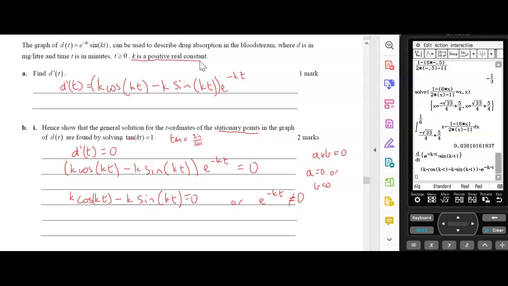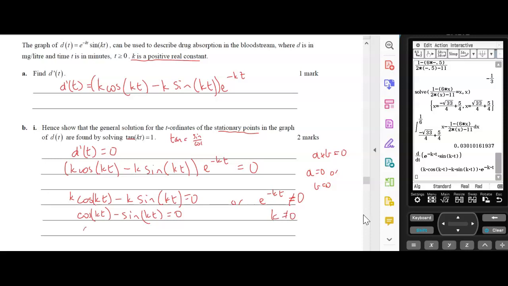So we can actually just get rid of k as well, and we're just left with that multiplier k minus sine kt equals 0, because k also cannot equal 0.